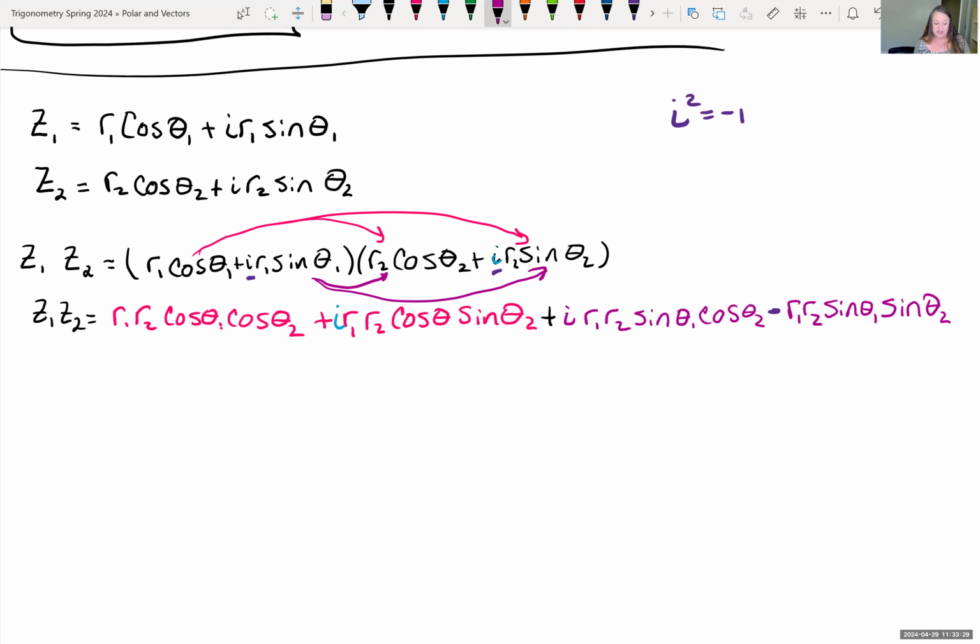I want to regroup these so I have the real parts together and the imaginary parts together.